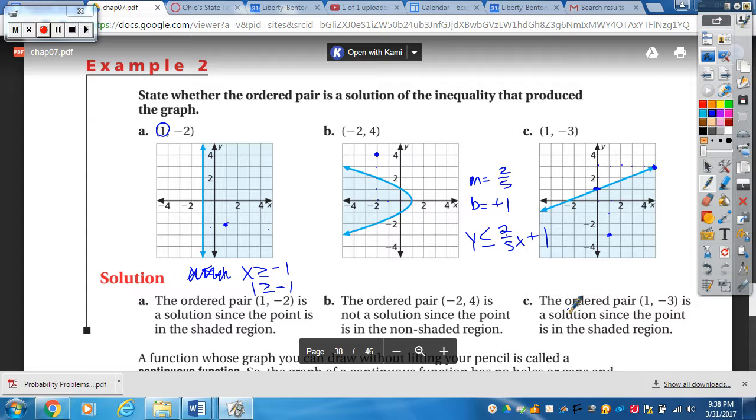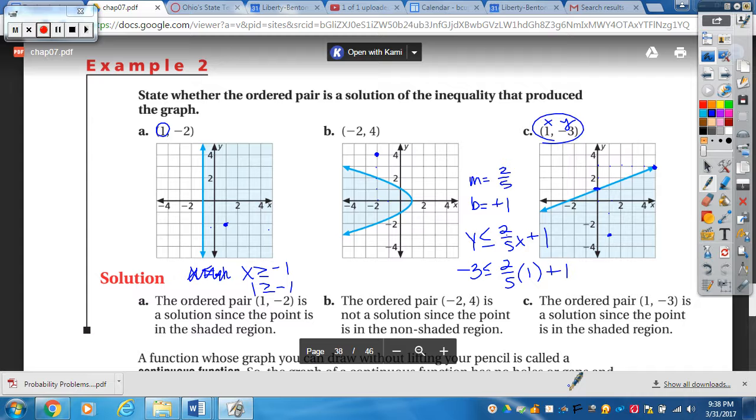So if I were to give you that inequality and you were to plug in the x and the y, -3 is less than or equal to 2/5 times 1, plus 1.